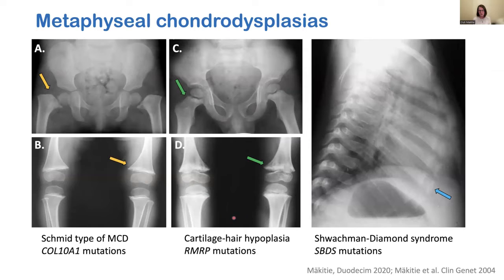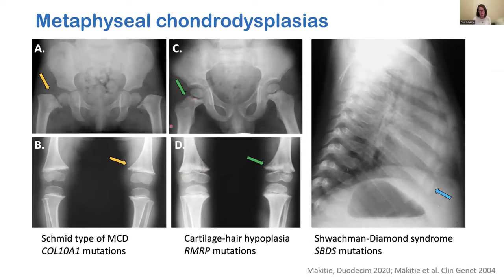Here in the middle, you can see radiographs of a patient with cartilage-hair hypoplasia: broad and irregular metaphyseal parts of the long bones, especially in the knees, but also somewhat in the hips.